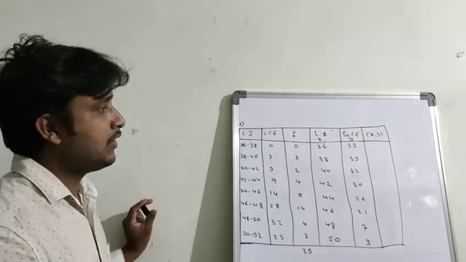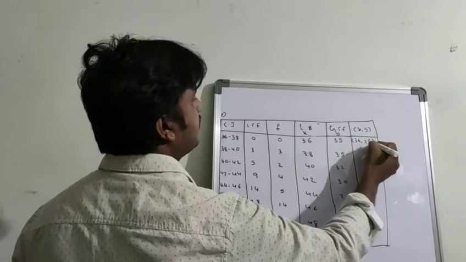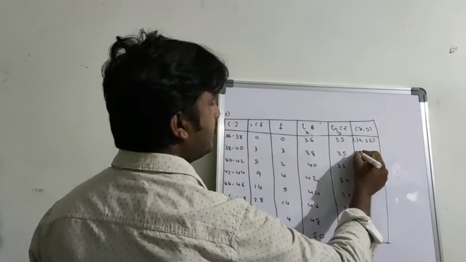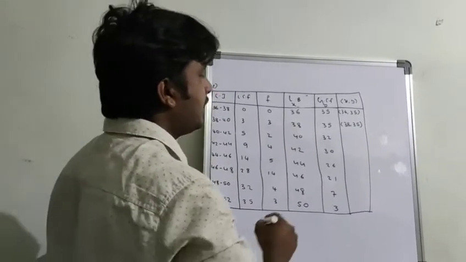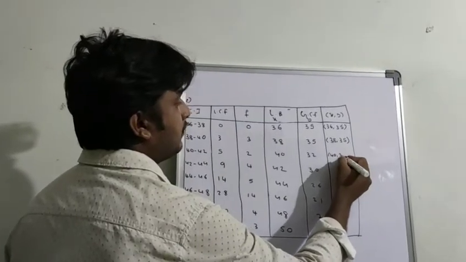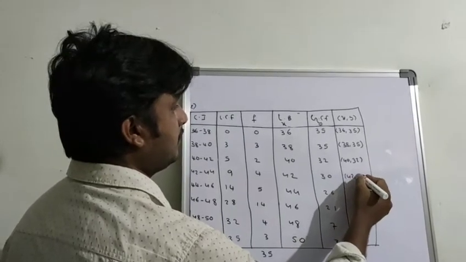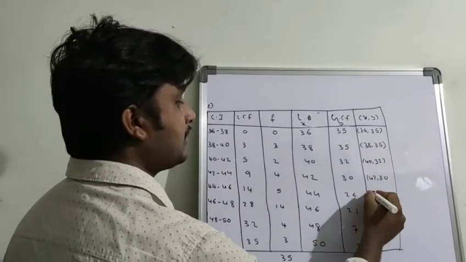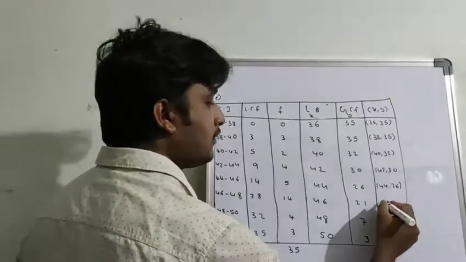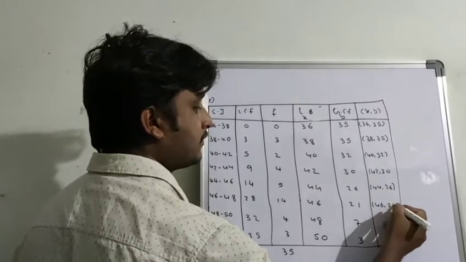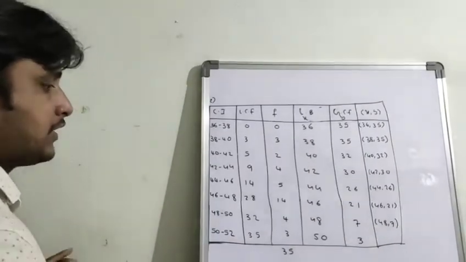Now the x comma y points: 36 comma 35, next 38 comma 35, next 40 comma 32, next 42 comma 30, next 44 comma 26, next 46 comma 21, 48 comma 7, next 50 comma 3.